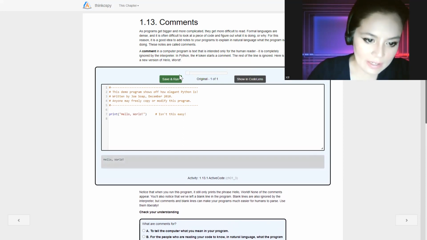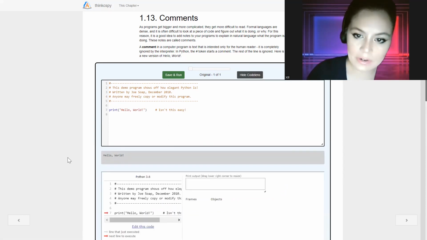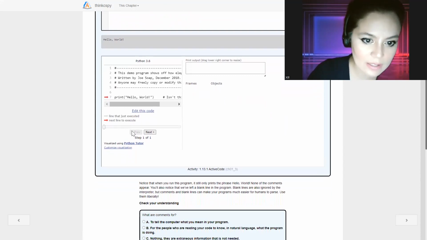Let's test that. There we go. Output only says hello world. So if we show the code lens to go through these lines, you can see here we have 7 lines of input into the program.